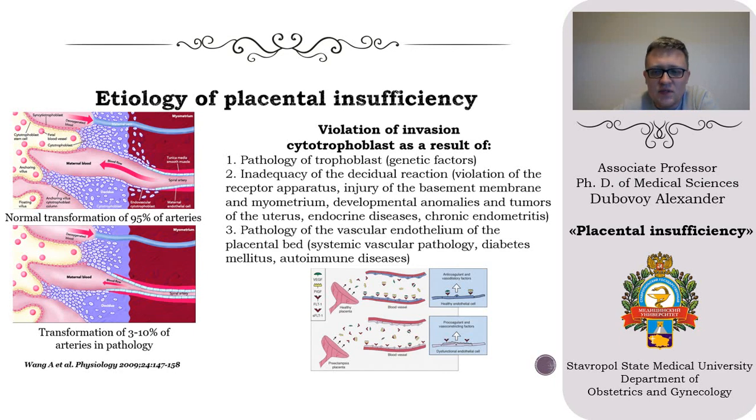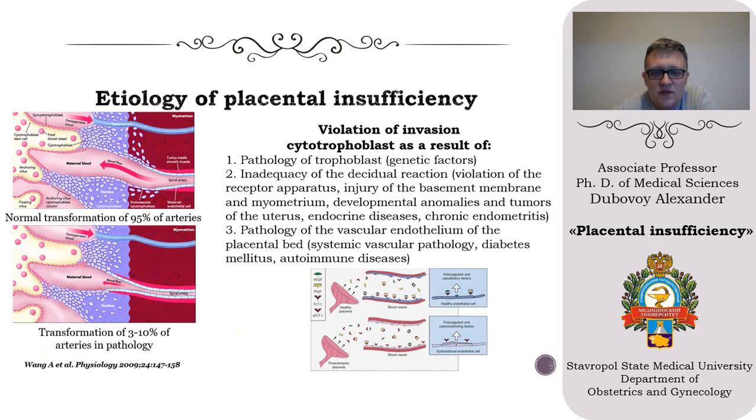Preeclampsia and primary placental insufficiency are associated with the absence or incomplete invasion of the trophoblast into the region of the spiral arteries, which leads to preservation of a section of the vascular wall which has a normal structure and is sensitive to vasoactive influences.